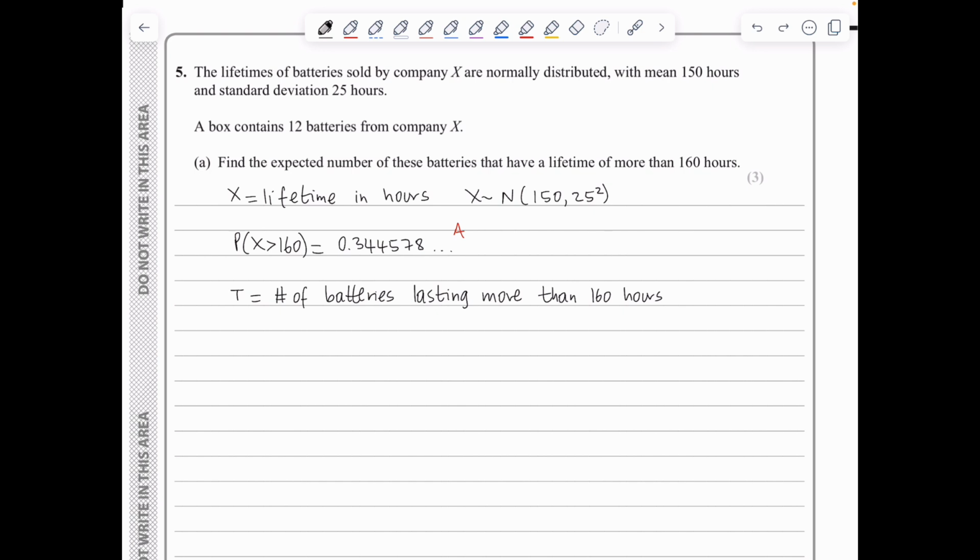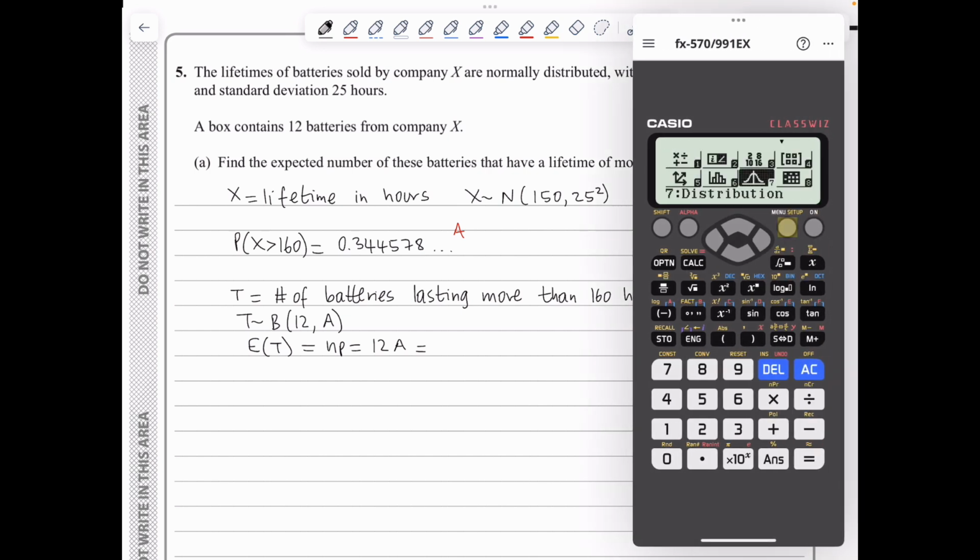So this is obviously a binomial distribution with parameter n being equal to 12 and probability of success being simply A. The expectation of T, the expected number of batteries, is given by np, which is 12 times A. So I go on my calculator, menu 1, I do 12 and simply A. And this should give me the answer, which is 4.13. So I'm going to keep the decimals, it's okay because it's a theoretical mean, so 4.13 batteries is the answer to part A.